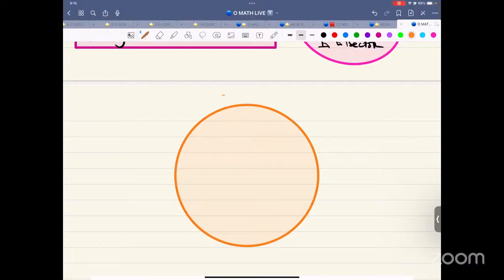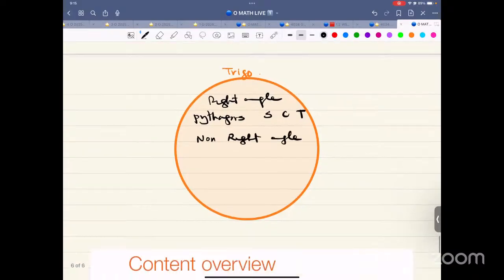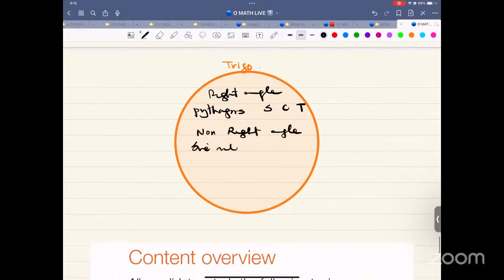So now trigonometry, that is right angle trigonometry, that is Pythagoras, that is sine, cos, tan, then non-right angle, and there is sine rule, cosine rule, area as half AB sine C. Over here, area is half base into height.